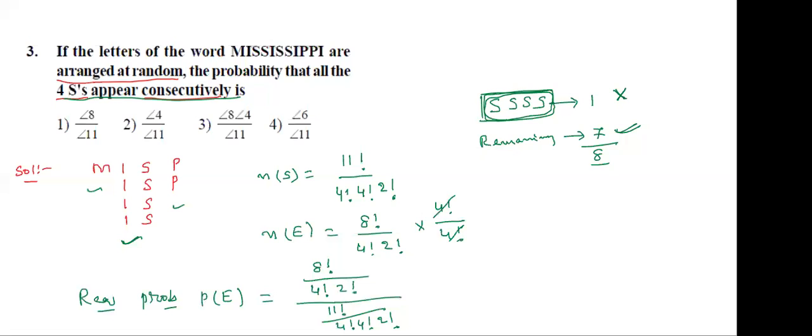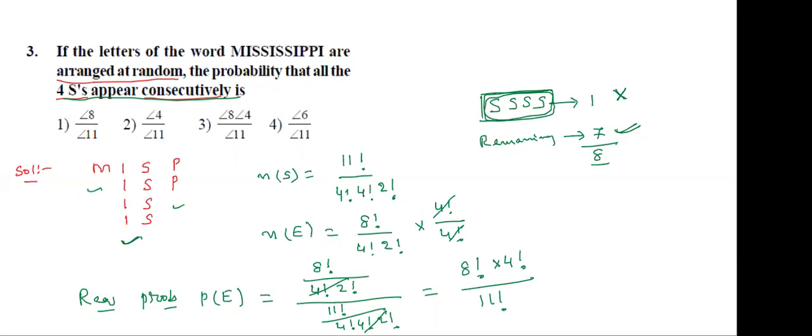Observe the calculation. 4 factorial, 2 factorial is going to cancel. Now 8 factorial in the numerator, and again in the denominator, 4 factorial goes to the numerator, by 11 factorial.